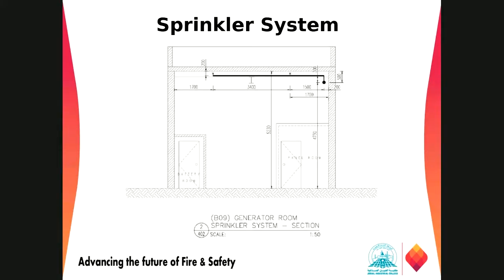This is one of the sectional views for one plan. This is a generator room. They have given the height of the rooms and all those requirements. The main piping going on, the upright sprinkler system, the maximum distance between them. So this is how the sectional view should look.